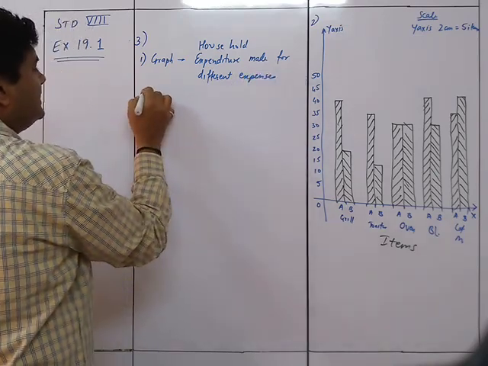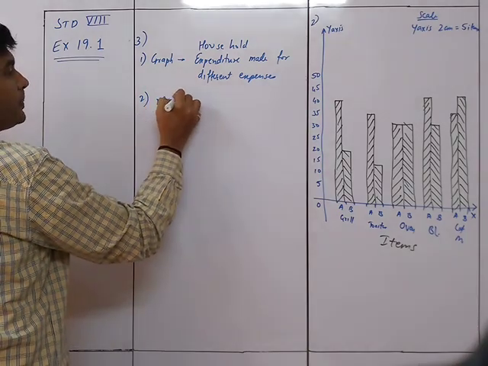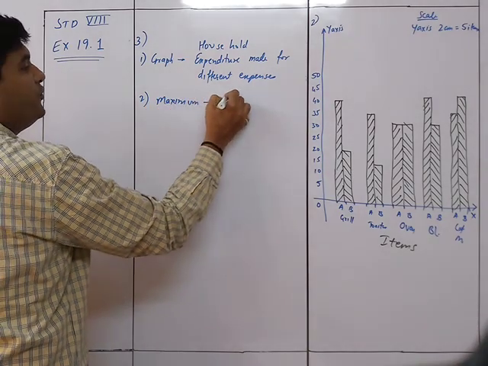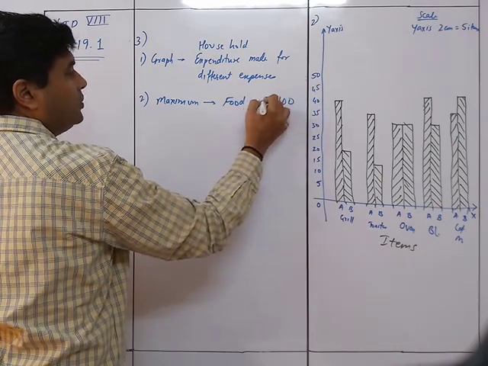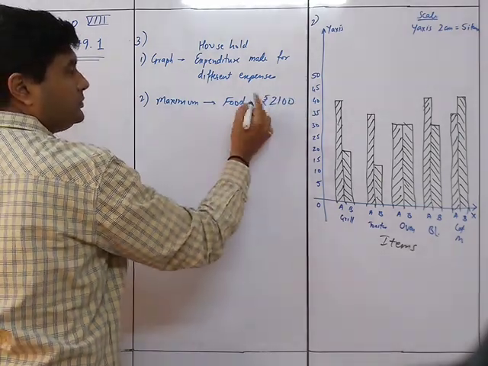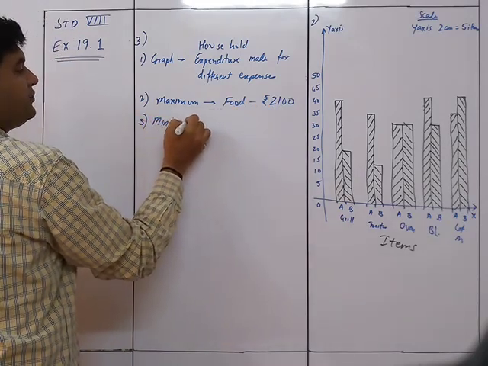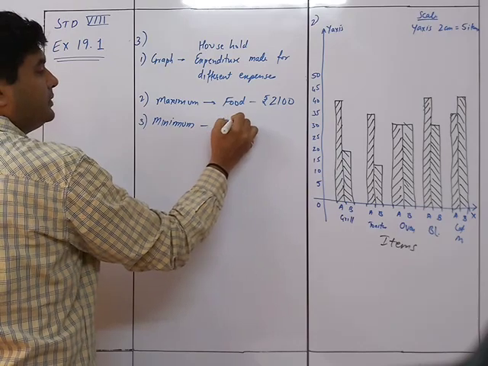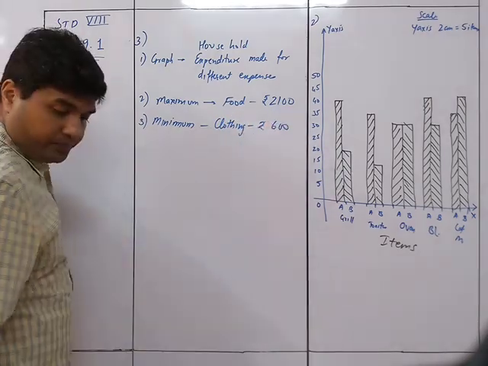Okay, that's the first answer. Second one, the maximum expenditure. So maximum is in food, which corresponds to 2100 rupees. Third one, minimum is for clothing, which is rupees 600.